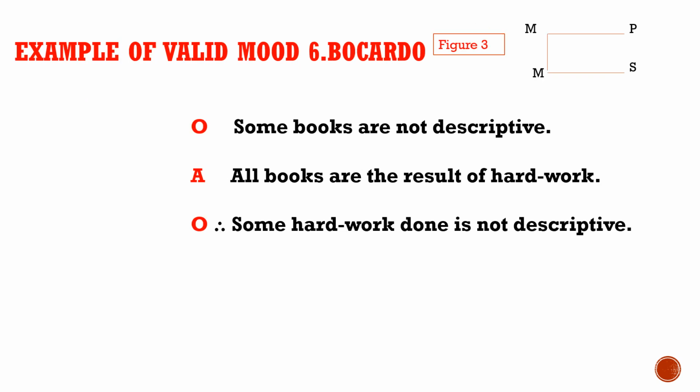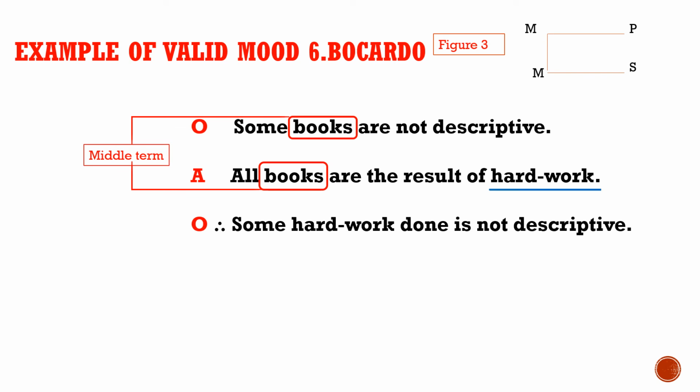Now let us take an example of the valid mood 6, Bocardo of figure 3, OAO. Let us see the example. Some books are not descriptive. All books are the result of hard work. Therefore, some hard work done is not descriptive. Books is the middle term.